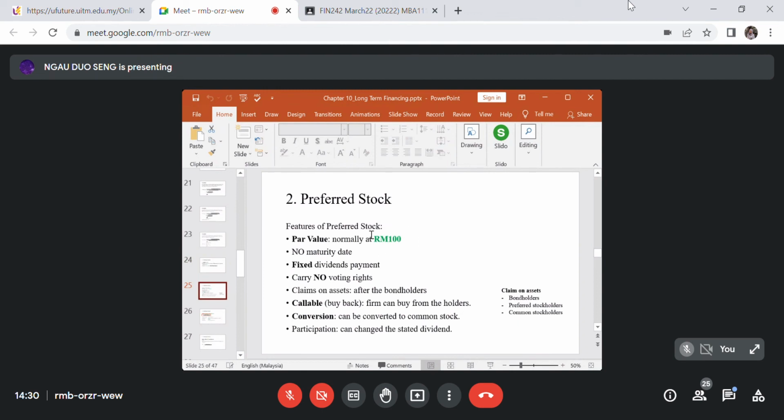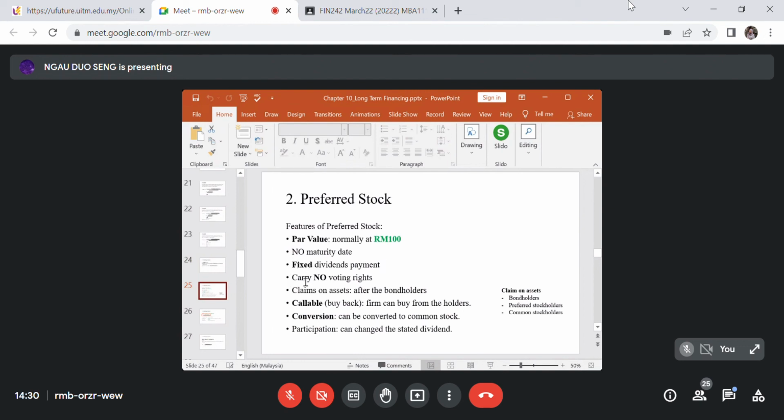Right? Jangan guna salah. This one, the par value adalah 100. Right, no maturity dates, right, fixed dividend payment, so tetap, so kalau dia dah berjanji bayar 100 setiap tahun, so dia akan bayar 100, tidak akan ubah, so fixed, tetap.